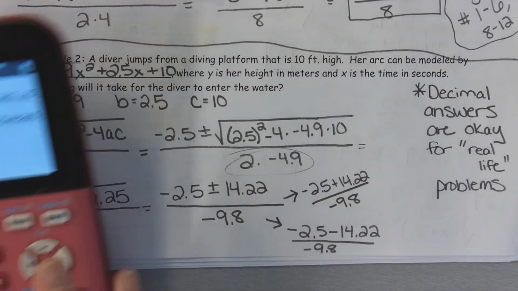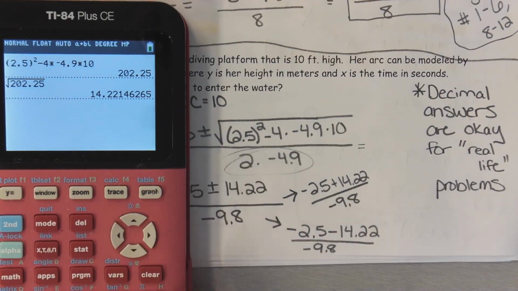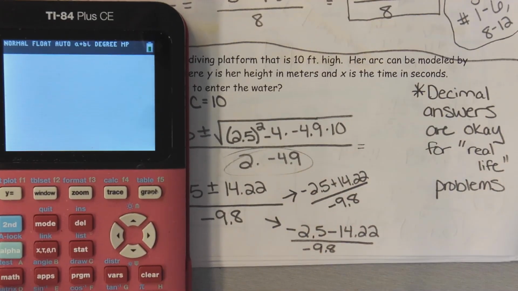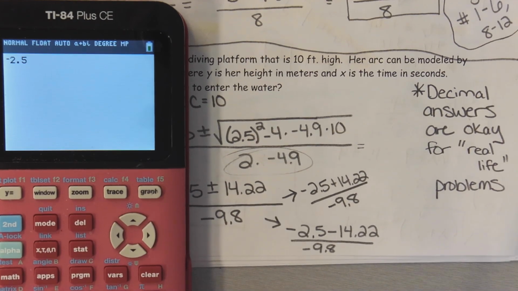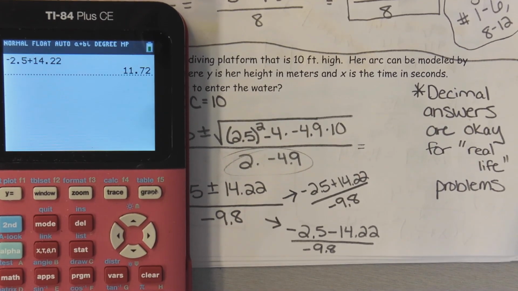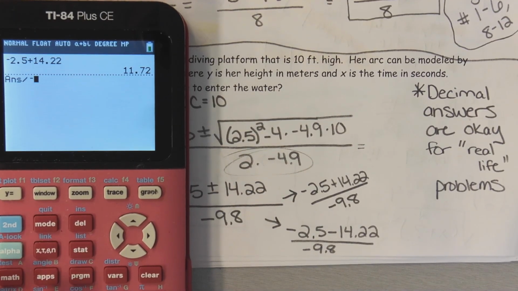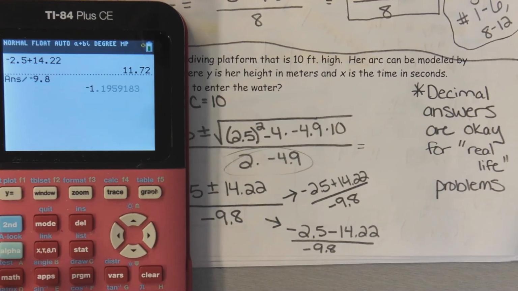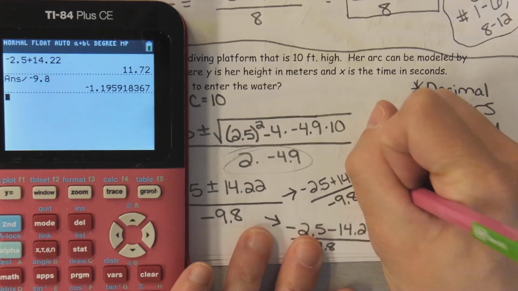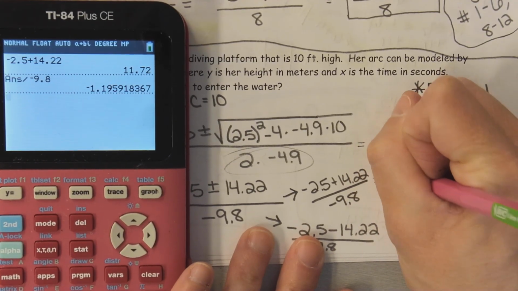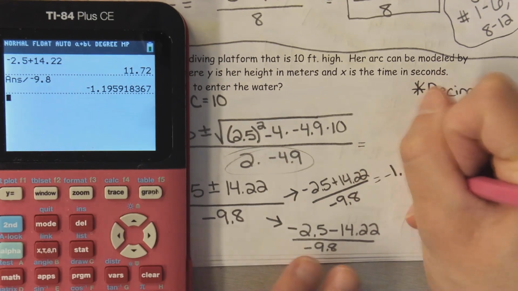All right, here we go. This one, negative 2.5 plus 14.22. That gives me this decimal. And I'm going to divide it by negative 9.8. So this gives me negative 1.2 when I round up.